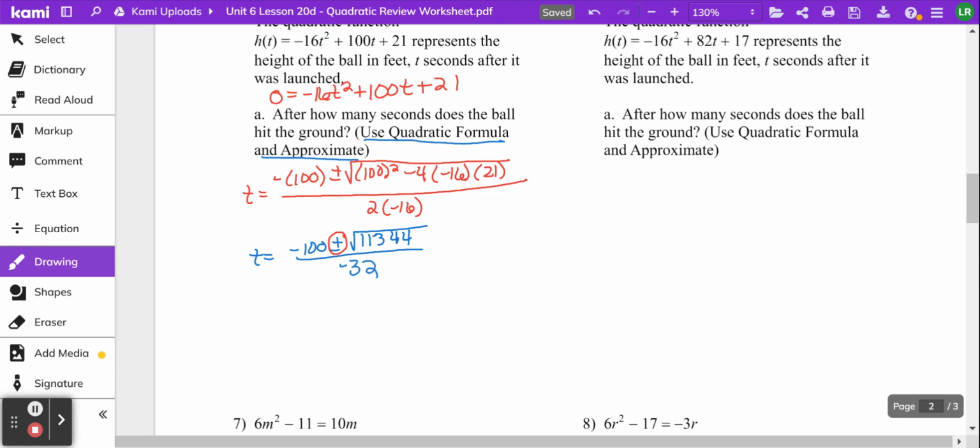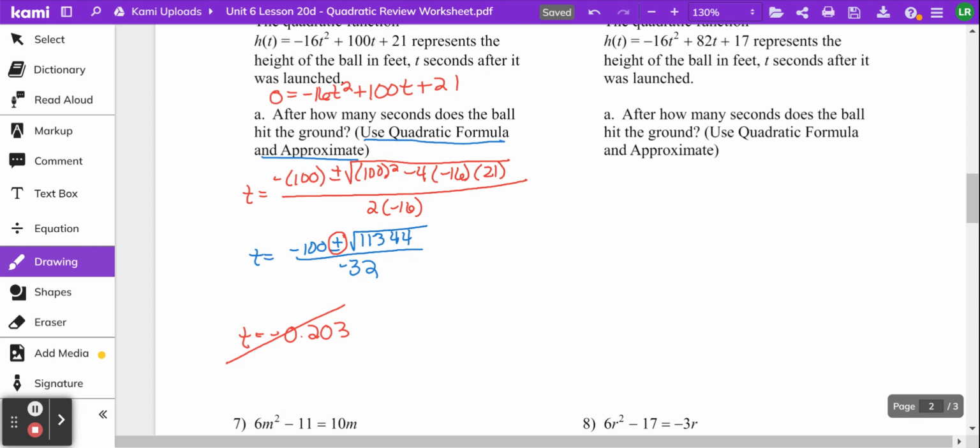Now make sure you put all of that on the top of the fraction. So I'm going to have negative 100 plus square root of 11,344 divided by negative 32. So this first solution I get is negative 0.203. I don't need this one because we don't measure seconds using negative values.